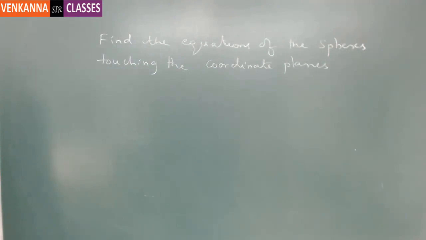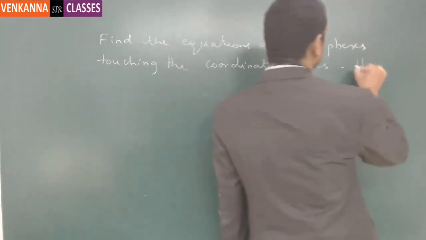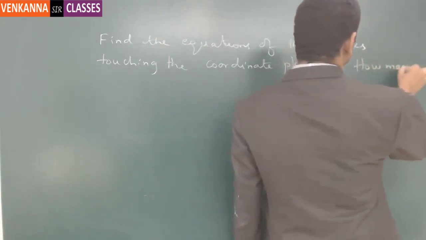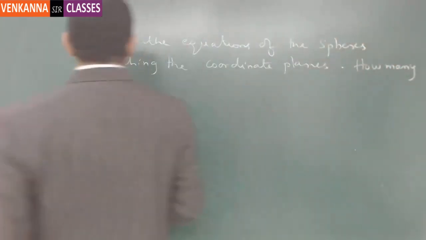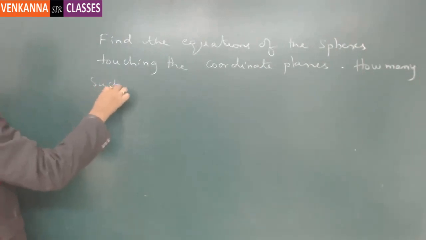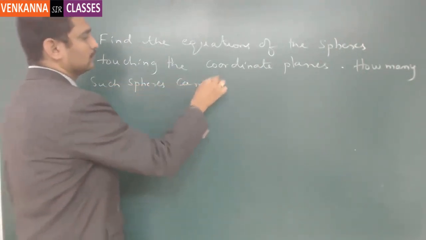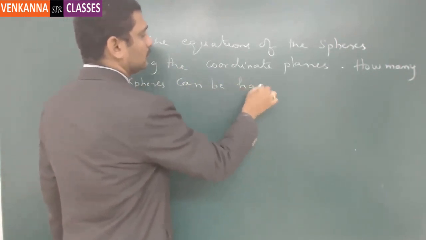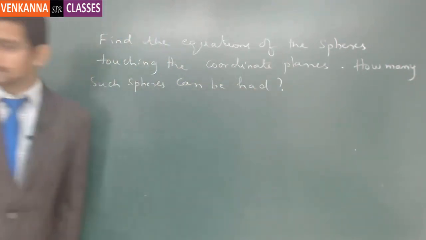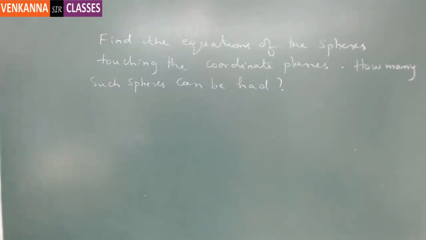How many such spheres can be had? This is something interesting question, and it will be very easy if you have a good visualization. So please take a note of that, then we discuss on it.